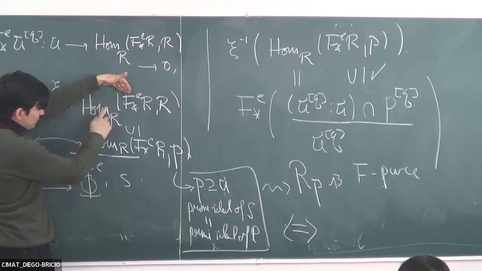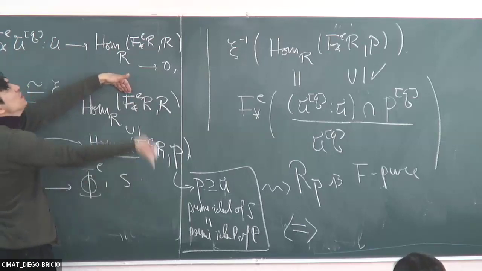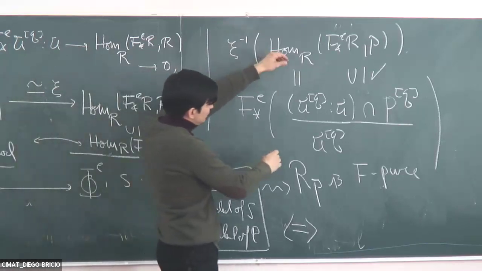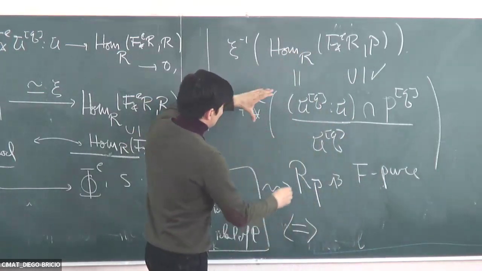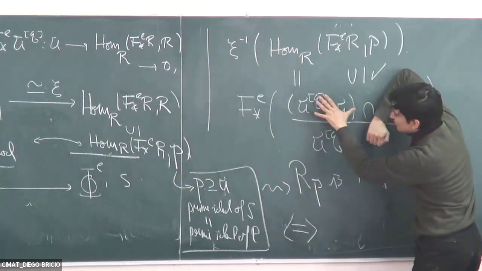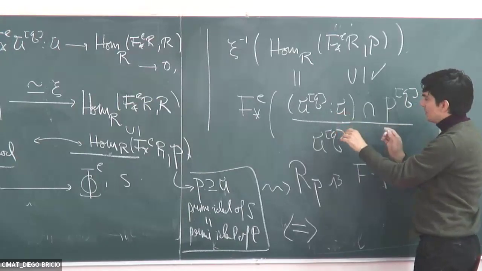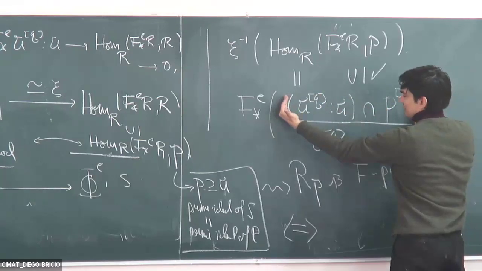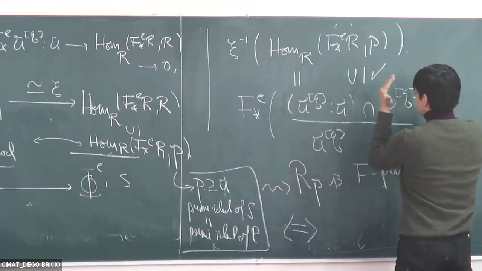Like if every map here maps inside P, it's because there is no chance to have any splitting. So non-purity means that these two things are equal. In other words, it means that the quotient of this ideal by that ideal is 0, which means that the quotient of this ideal by this ideal is 0, which means that this ideal is inside this ideal.